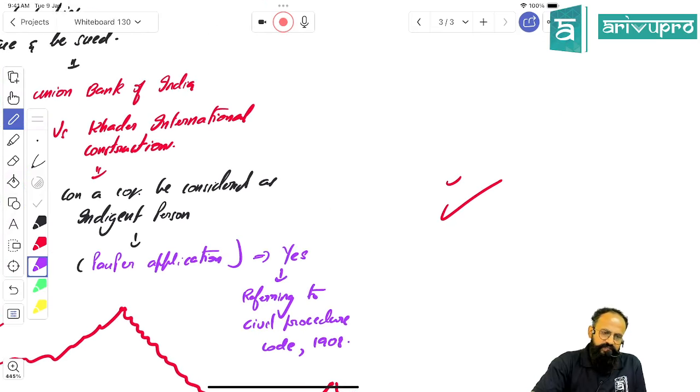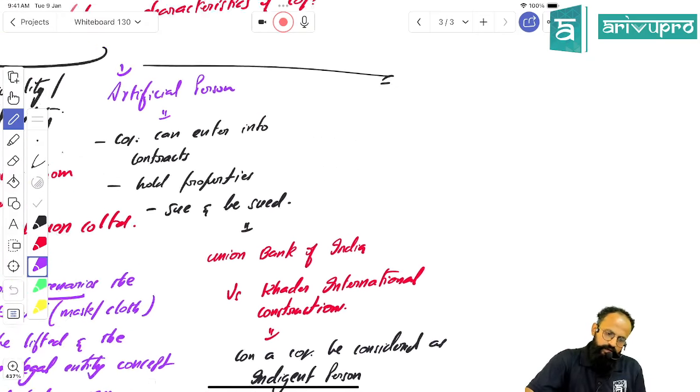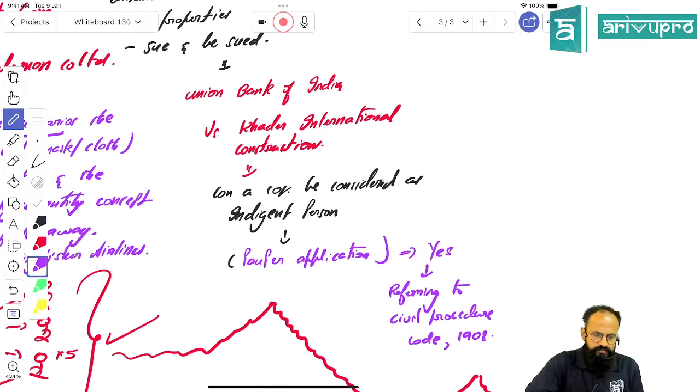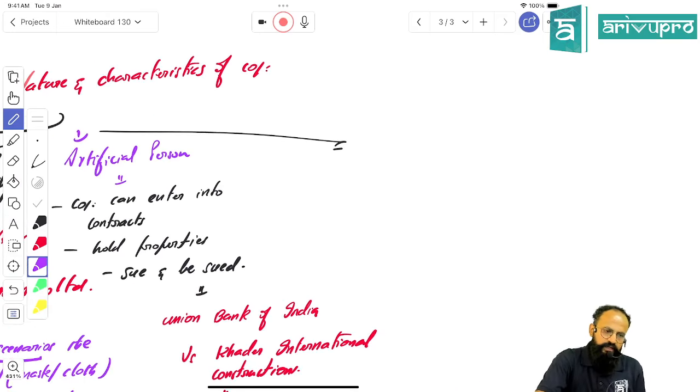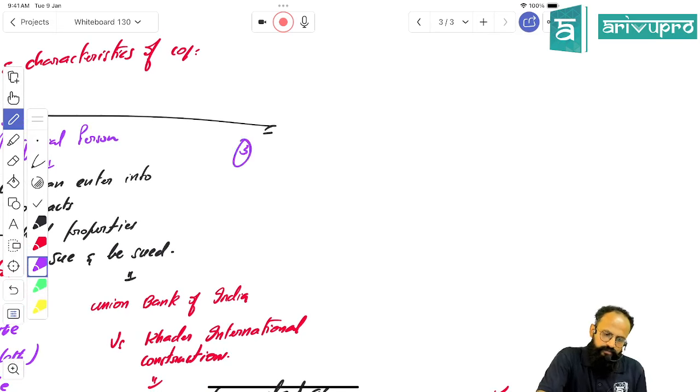Okay, next one. Write down the third: Civil Procedure Code, CPC. Copied? Okay, write down the third one. Company has nationality and residence.